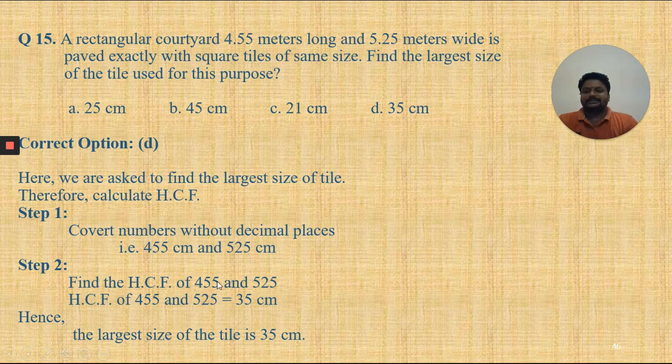Step 2, find the HCF of 455 and 525 using the division method or factorization method. Final answer is 35 centimeters. So the largest size of the tile is 35 centimeters. Option B is correct.